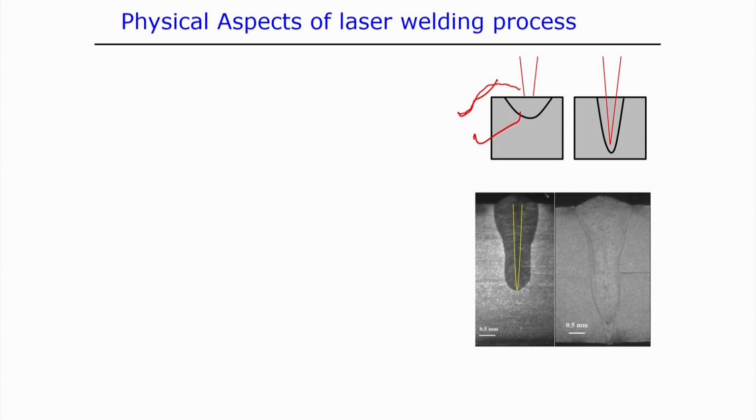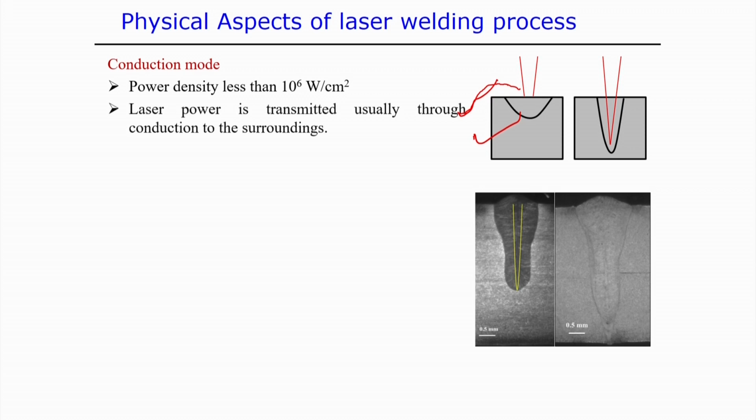On the other side, we can define the keyhole mode laser welding process. But before that, we may look into the typical aspects of conduction mode laser welding. First, the power density is less than 10 to the power 6 watt per centimeter square.